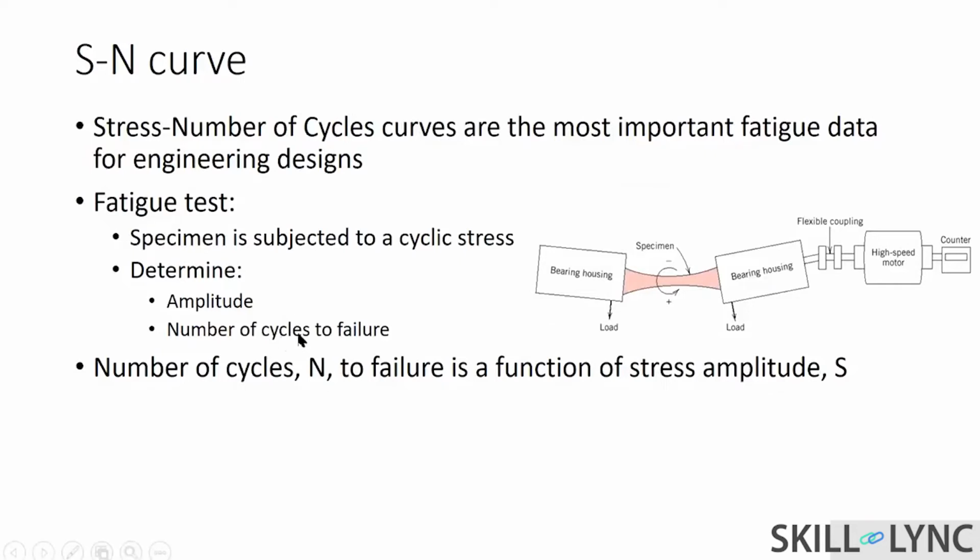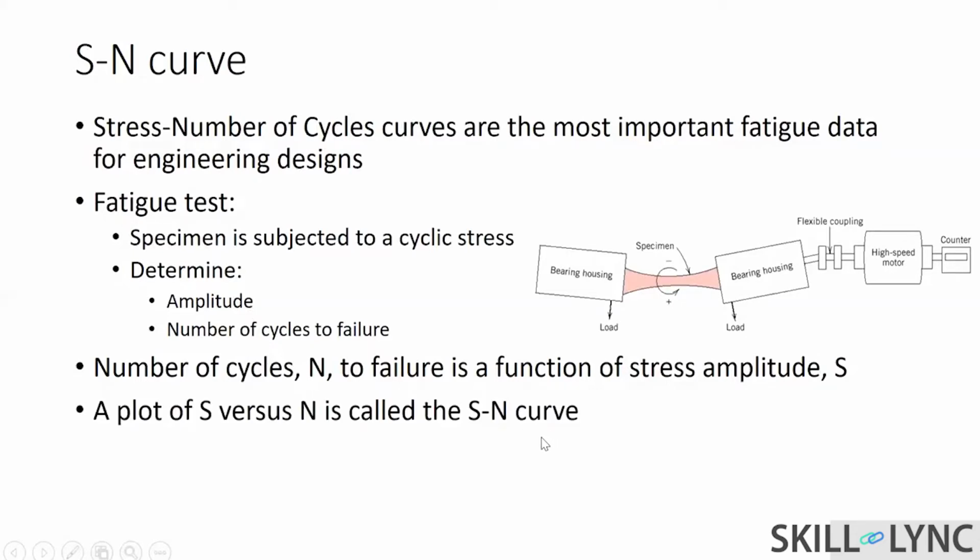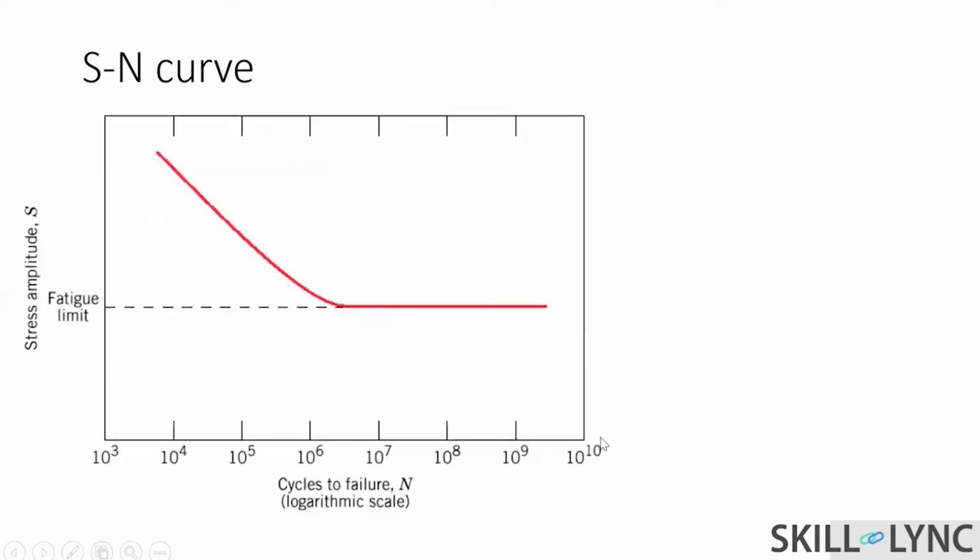So here S represents the stress amplitude, and N represents the number of cycles to failure. They have come up with this S-N curve for most materials. I believe you would have come across this. It shows stress amplitude on the y-axis, and the x-axis is the number of cycles it takes to fail.